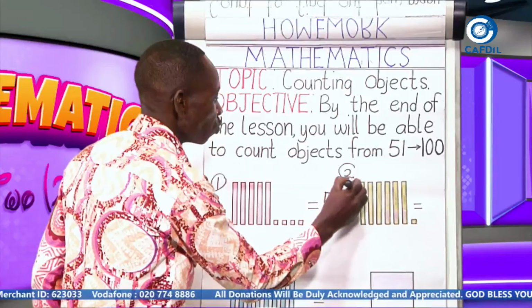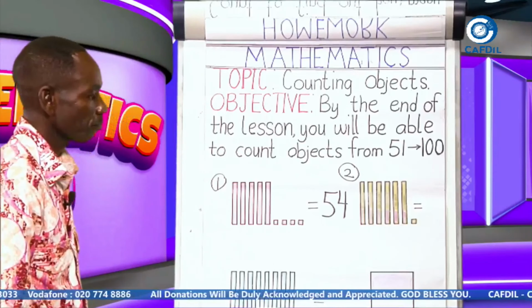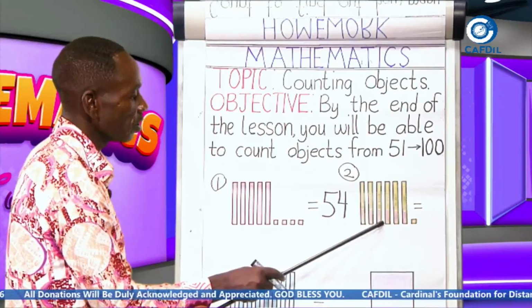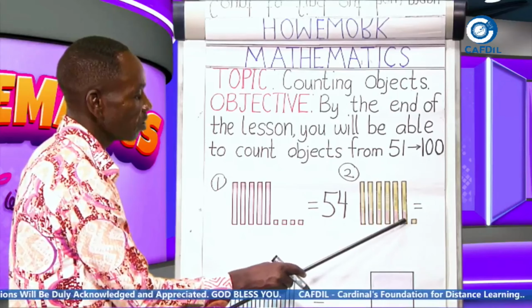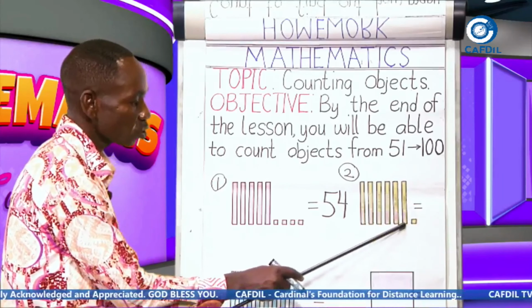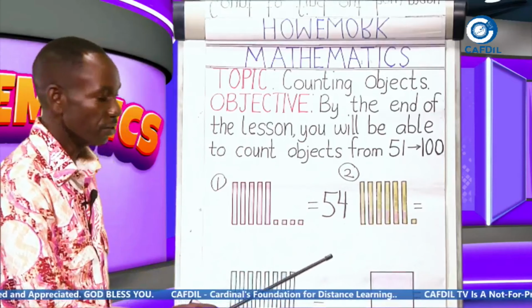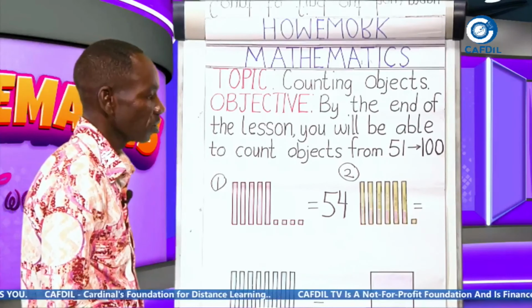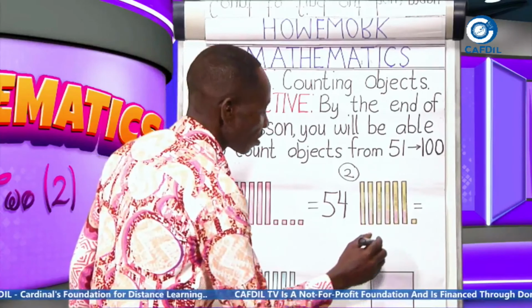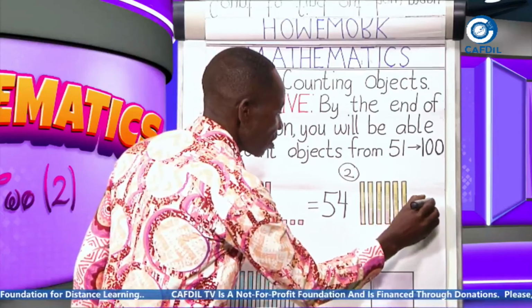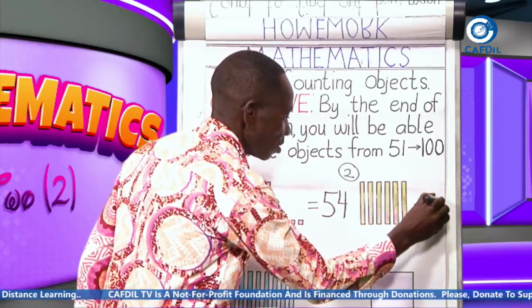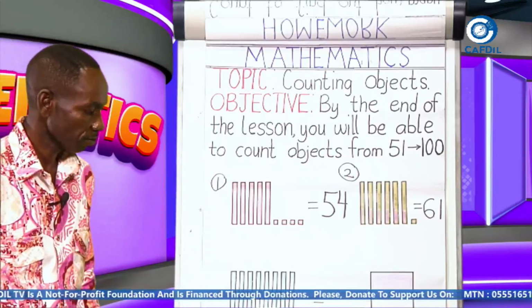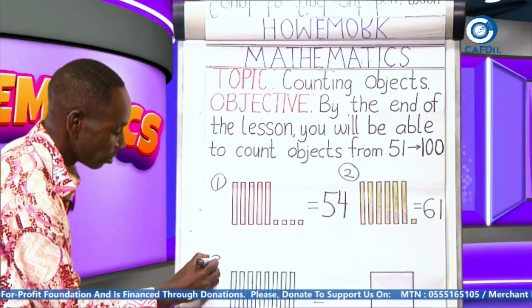Let's look at number 2. 1, 2, 3, 4, 5, 6. 6 longs. And then 1 cube. This will give us 61. Good. Number 3.